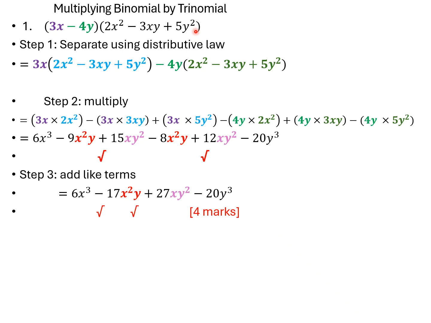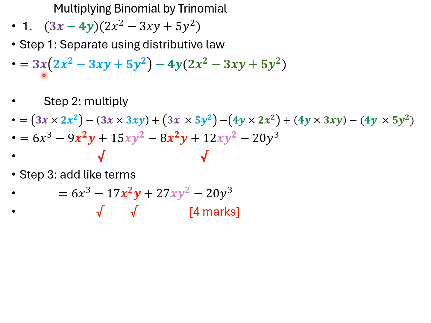So to make sure we do this, I'm going to separate using the distributive law. So I'm going to say 3x times the whole bracket, 2x squared minus 3xy plus 5y squared, and minus 4y times 2x squared minus 3xy plus 5y squared. I simply separated these two because I'm going to multiply them in with each term.